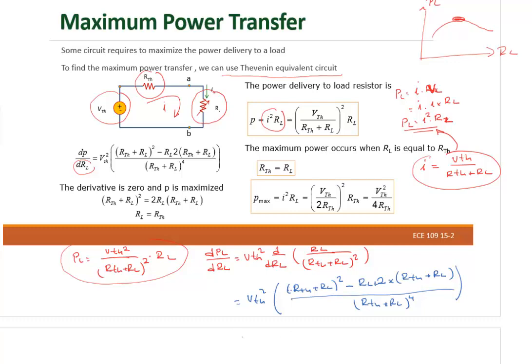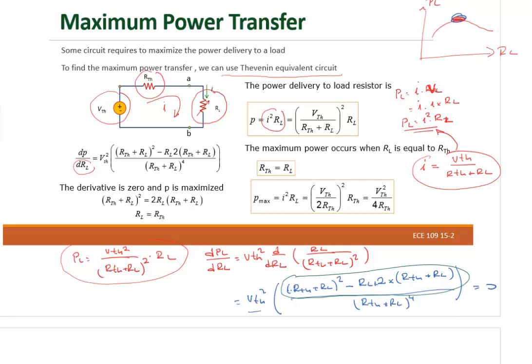So to find where this function equals 0, to find the peak value, assume we have a VTH value. Only if this term is equal to 0 will the whole thing be equal to 0.